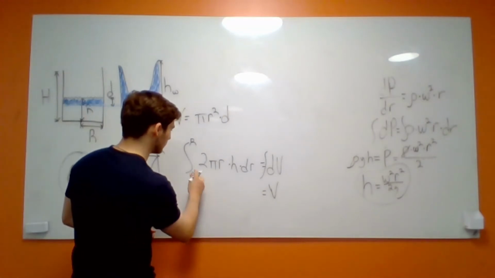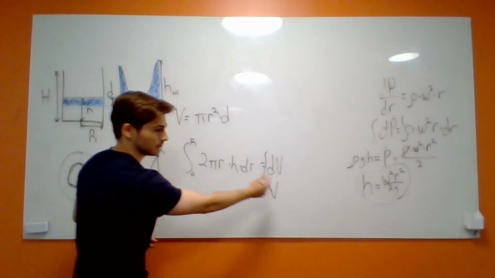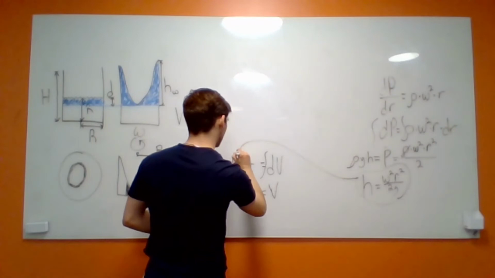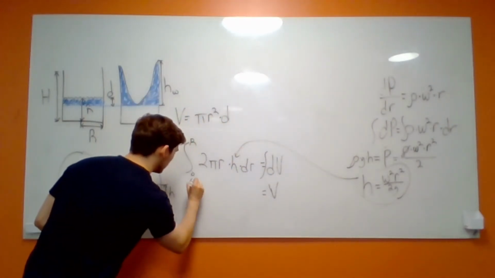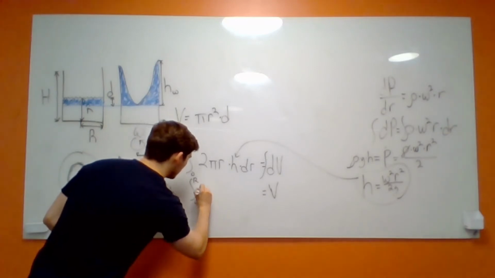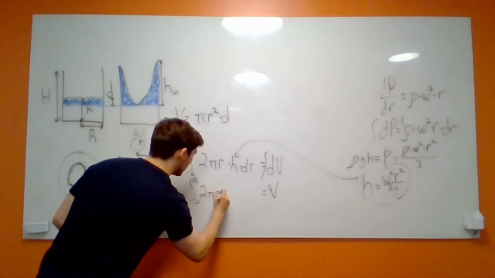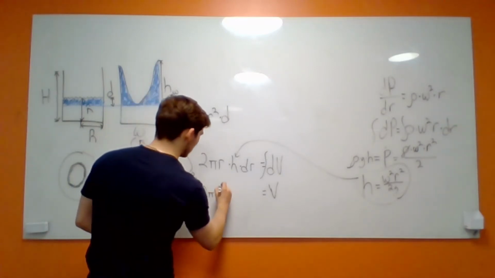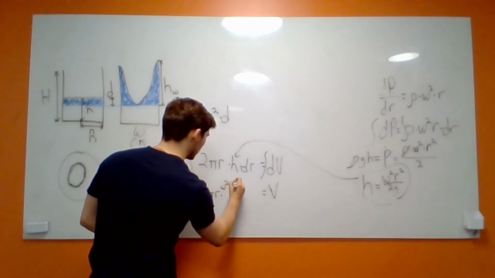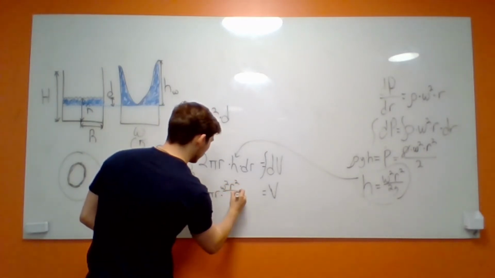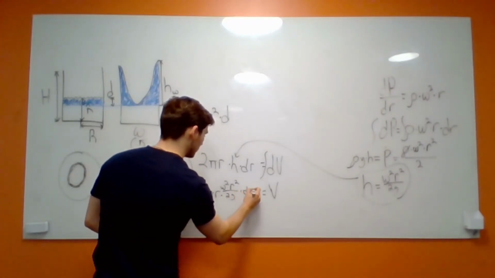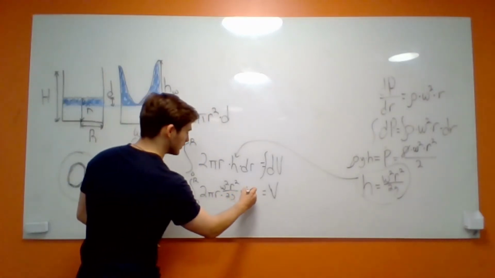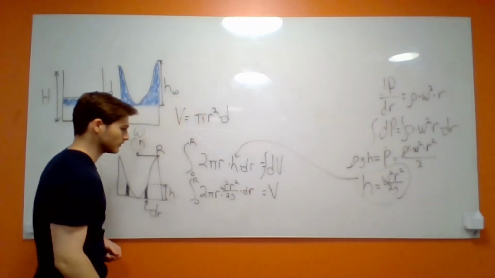And it will be equal to, well, first we have to substitute in this, right? And so this becomes the integral from 0 to r of 2 pi r times the angular frequency squared times the radius squared, all over 2g, with respect to changing of our radius.